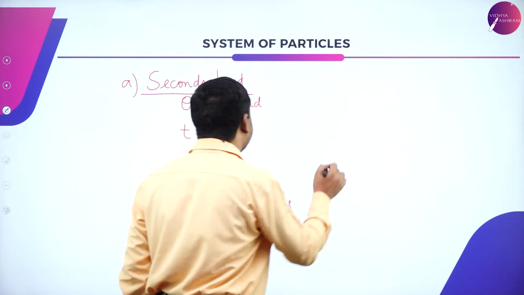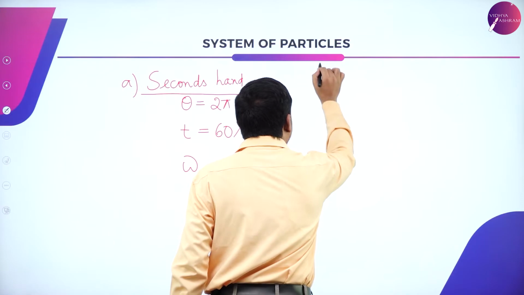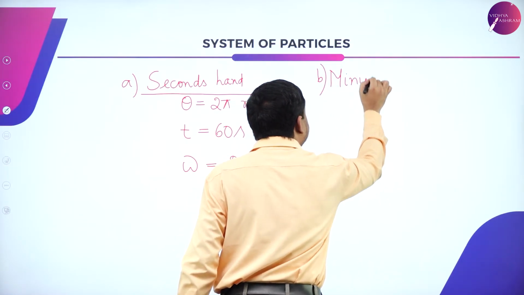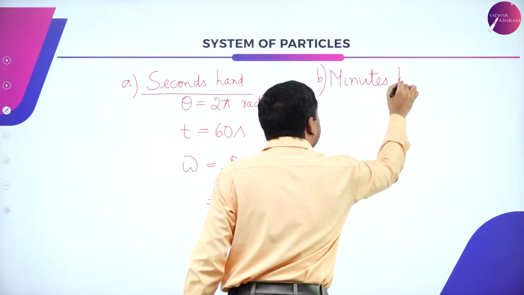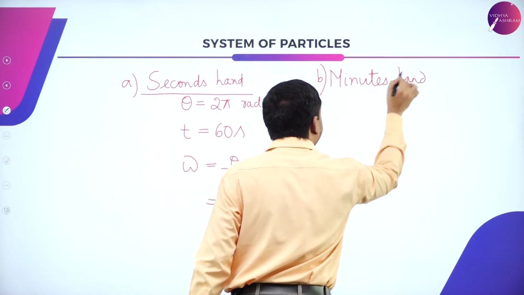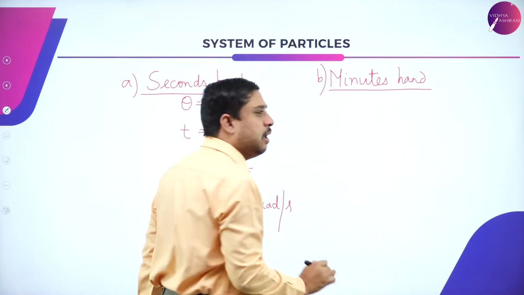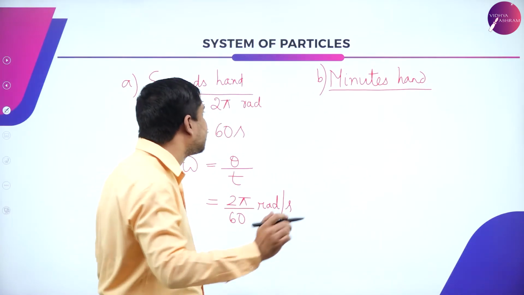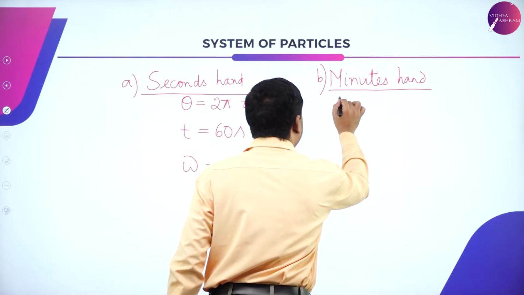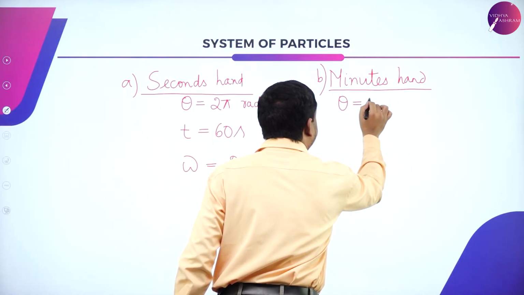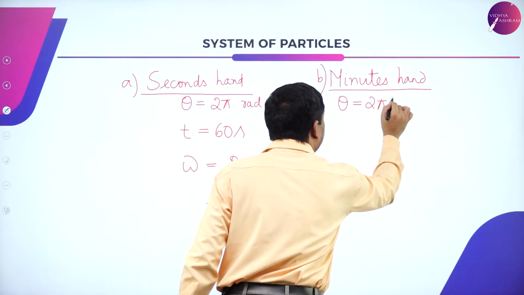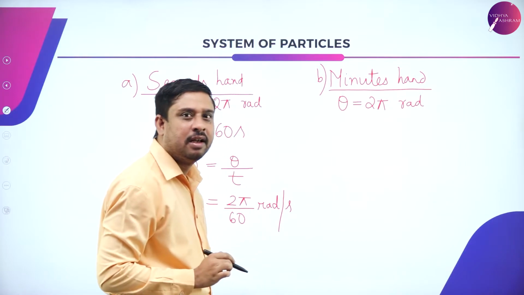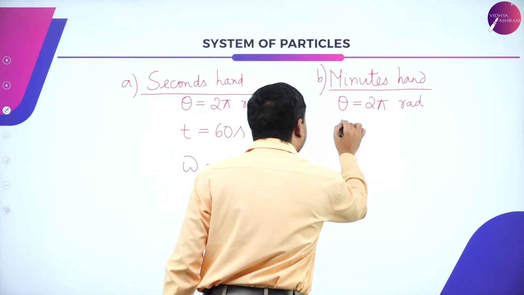Similarly, I will have to find the angular velocity of the minute's hand. Again, theta is 2 pi radians. Now what is T?